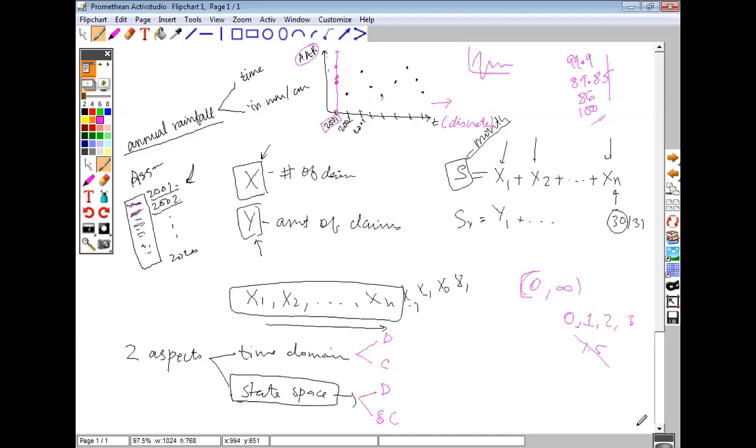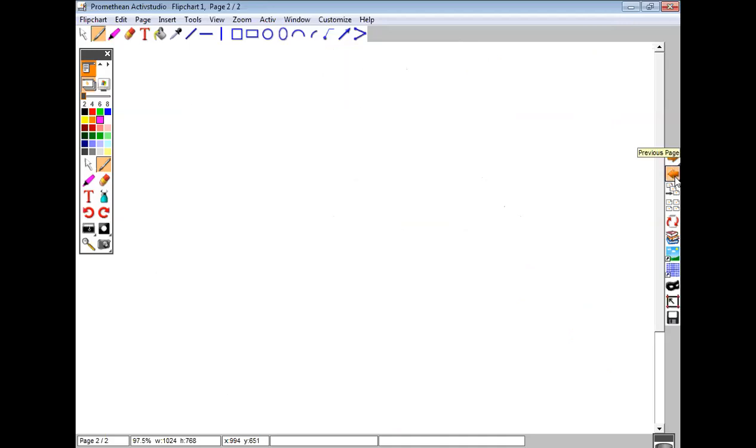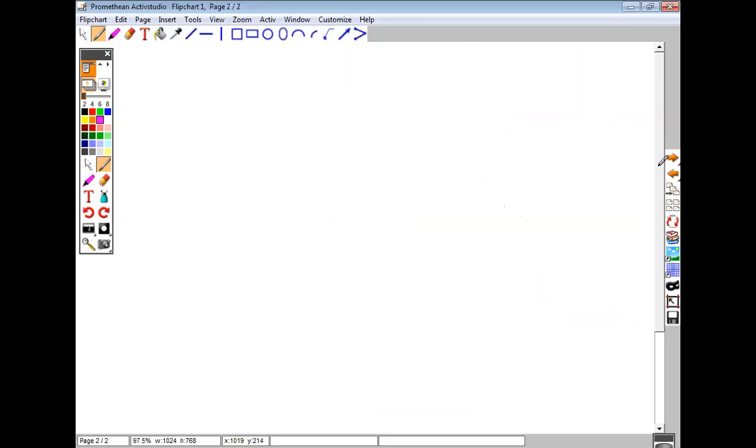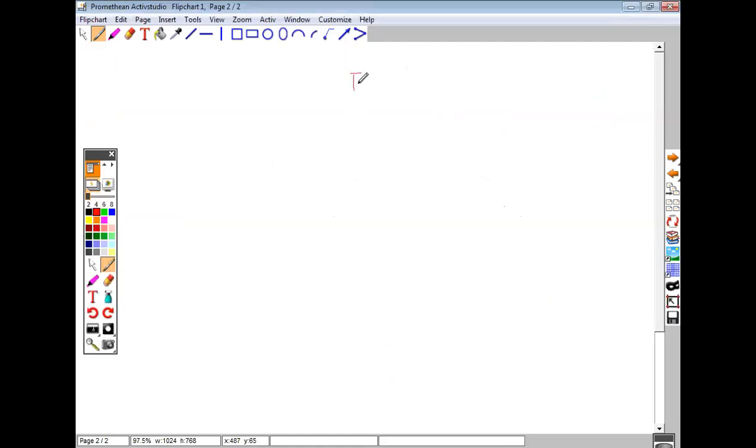I think a very famous example for any stochastic process would be, okay, let me just write a chart. Let's say I can write my time here, and I can write my state space here.